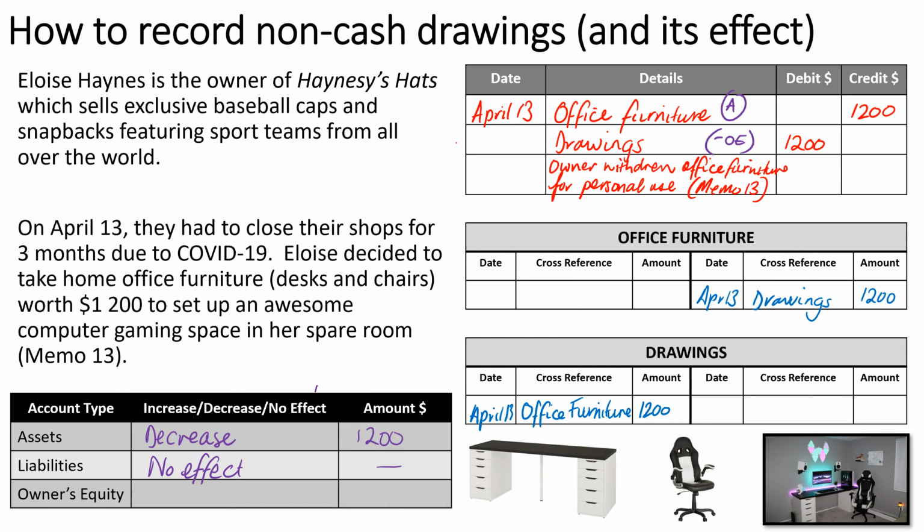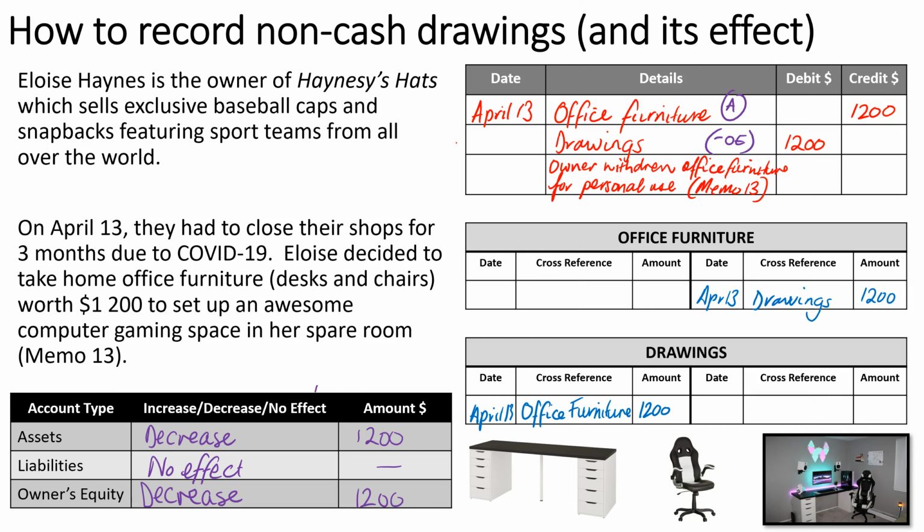Now, in order to get this accounting equation to balance, I know that that means I also have to have either an increase in assets, which I don't, or a decrease in owner's equity. So if we think about what happens when drawings goes up, the amount we're taking out of the business goes up, the total amount that the business owes the owner will actually go down.